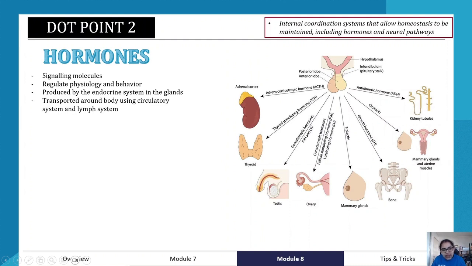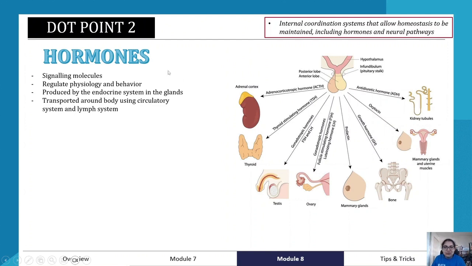GnRH, FSH, thyroid stimulating hormone, which then goes on and activates the thyroid to release thyroid hormone, and the adrenal glands release cortisol, which also plays a huge role in the fight or flight response of the body. But that's just some extra information if you're interested in knowing the context of the diagram.